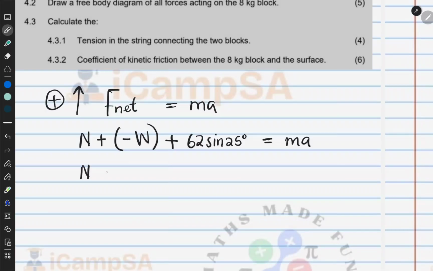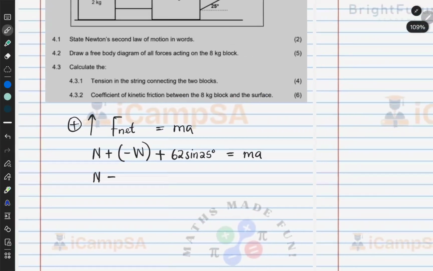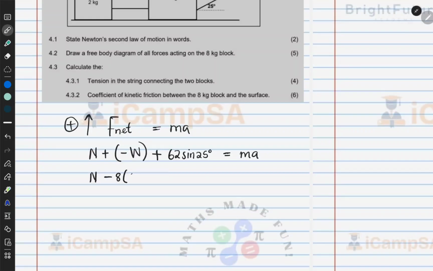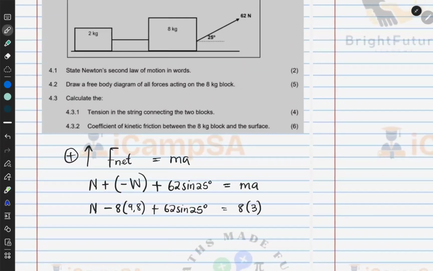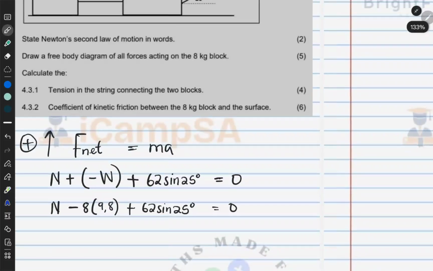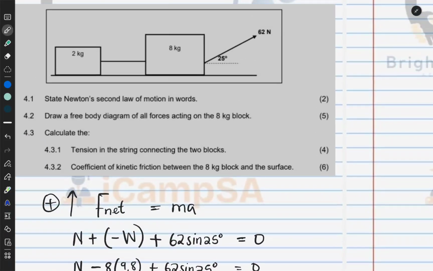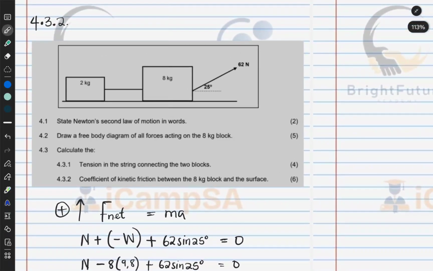So N minus mg, which is 8 times 9.8, plus 62 sine 25 is equal to 8 times 3. No, sorry, my bad. We are taking vertical, so this should be 0. Vertical, this thing is not moving, so that's why we equate it to 0.